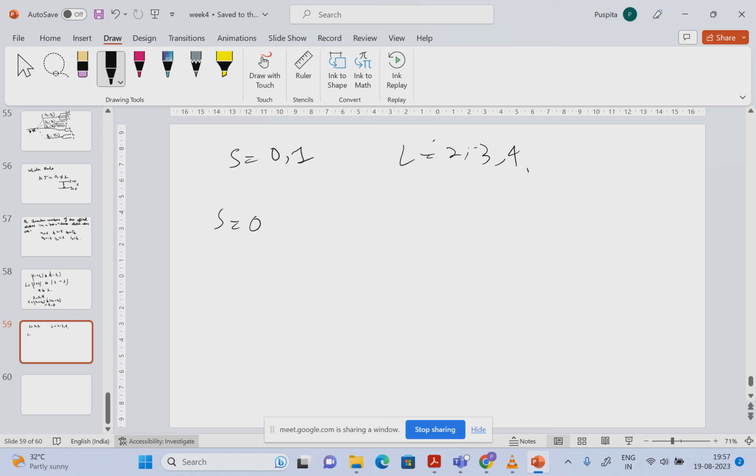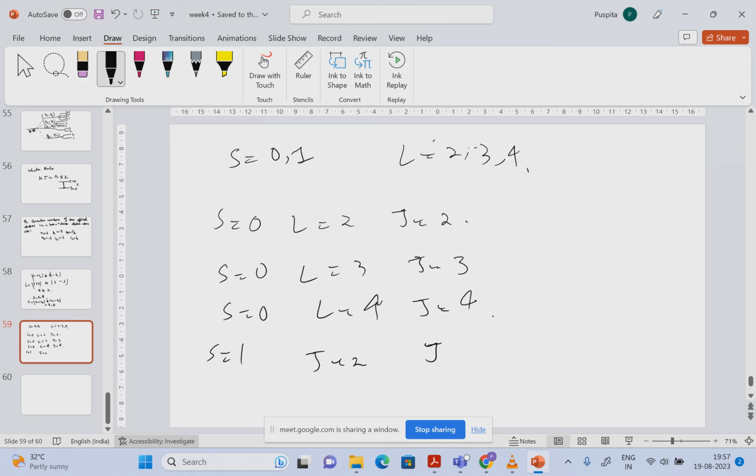So when S is equal to 0, L is equal to 2, J is equal to 2. S is equal to 0, L is equal to 3, J is equal to only 3. S is equal to 0, L is equal to 4, J is 4. But when S is equal to 1, L is equal to 2, J is equal to 3, 2 and 1.